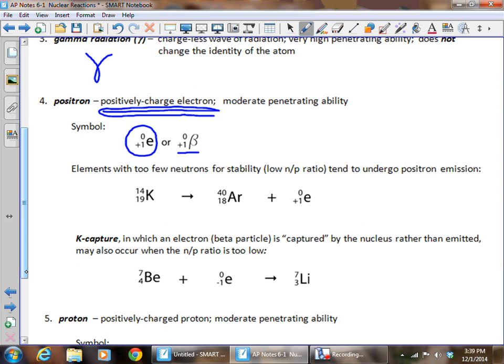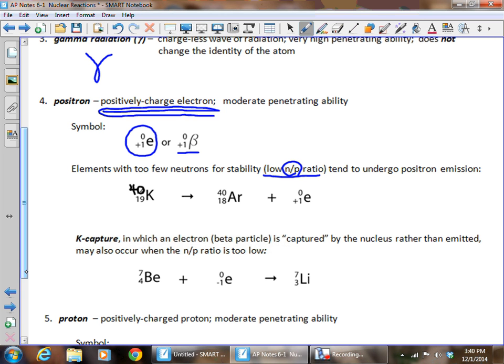Now, if you have too few neutrons for stability, and that's an issue as well, in other words, a low neutron to proton ratio, then we tend to undergo positron emission because look what happens. If you get rid of a positron, we lower, and by the way, this is wrong. This should have a 40 on top instead of 14. So let's change that real quick.